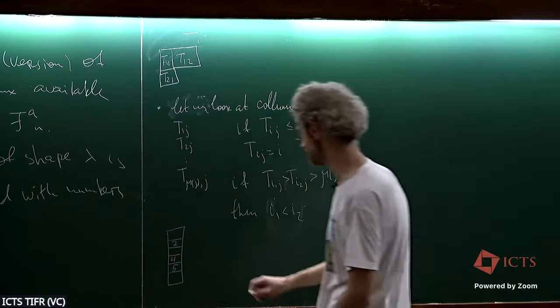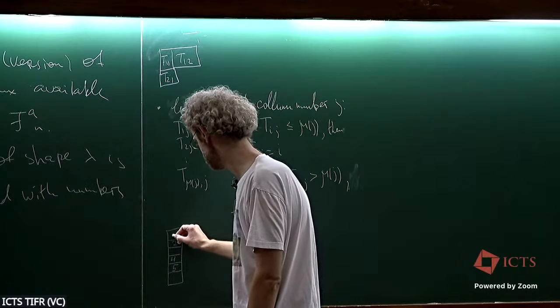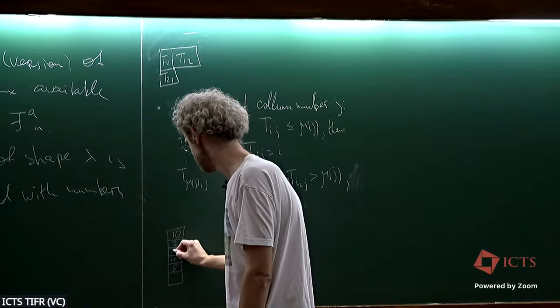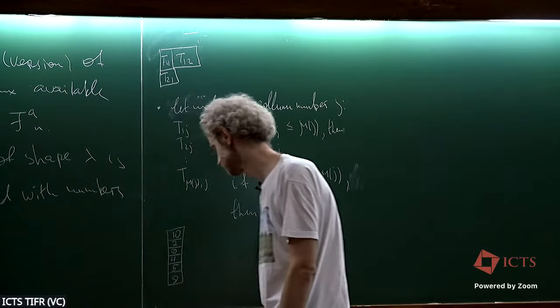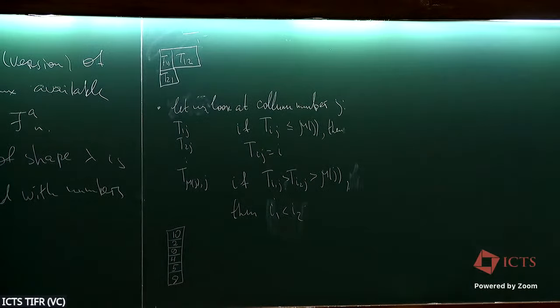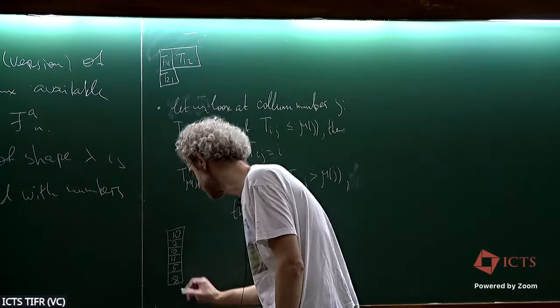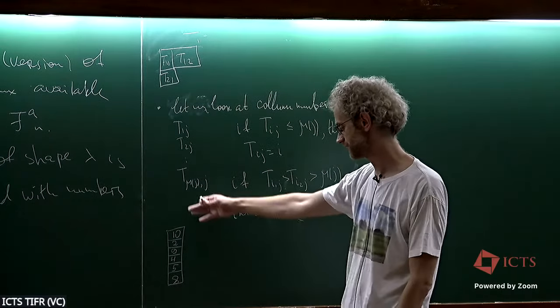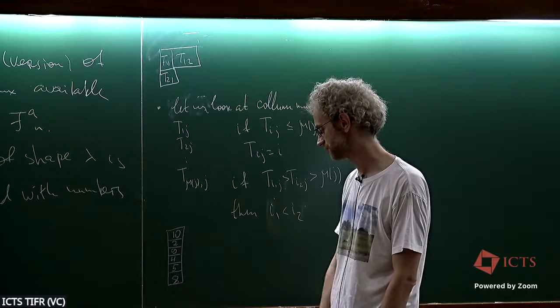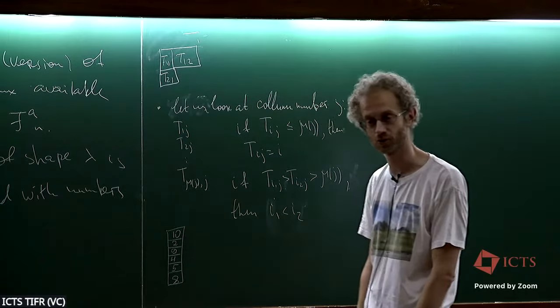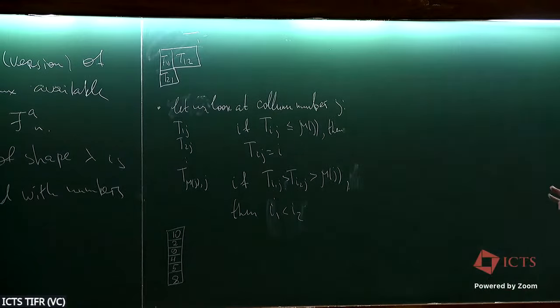And then here I can put say 10, 9, 8. Okay, so the numbers which are larger than 6 show up in the downwards decreasing order. Okay? So at the moment this looks somewhat strange, but I'll explain in a minute why this should be true.